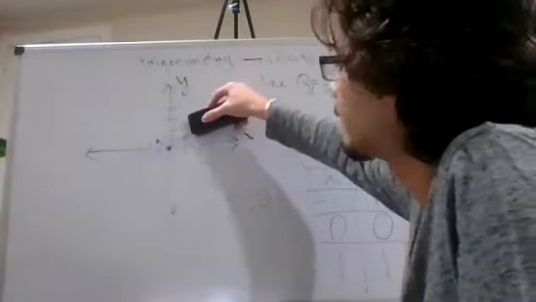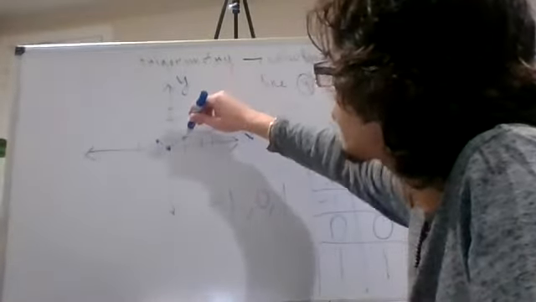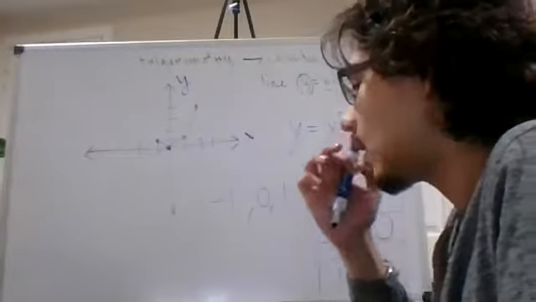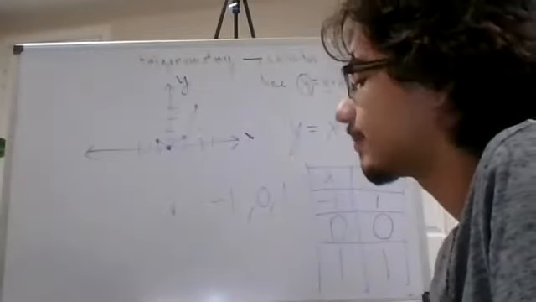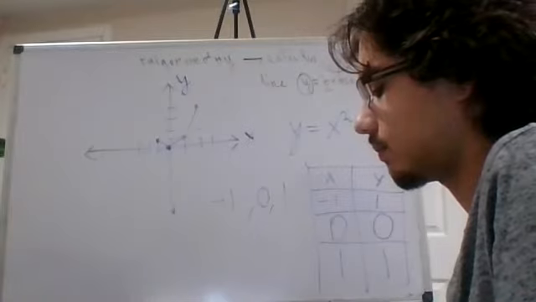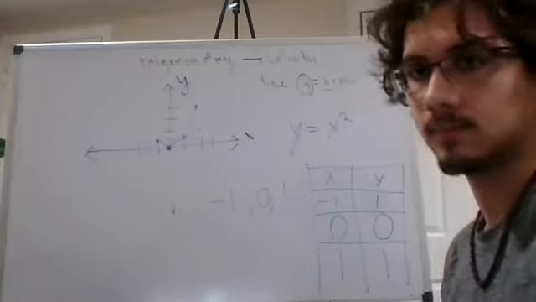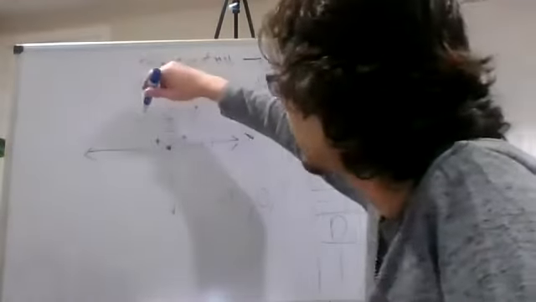But as you said before, x equals 2, y equals 4. So what would y be at x equals -2? It would be 4 too. Very good.